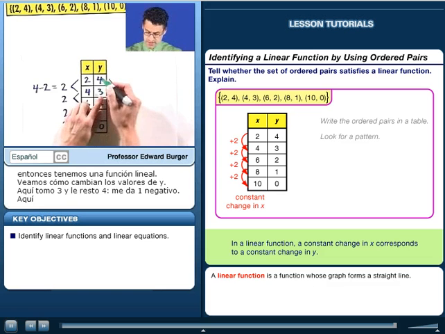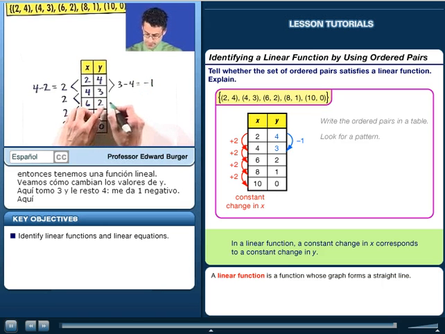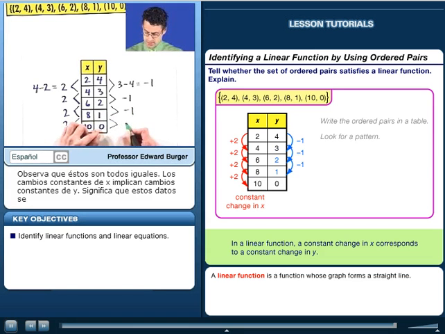So here I take 3 and subtract 4. And I see negative 1. Here I see 2 minus 3, and I see negative 1. Here I see 1 minus 2. I see negative 1. And here I see 0 minus 1. I see negative 1. Well, notice that these are all the same.